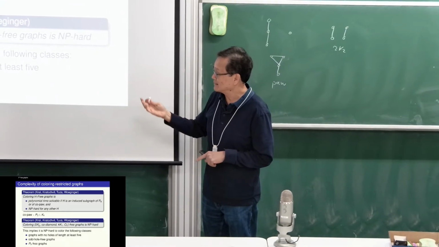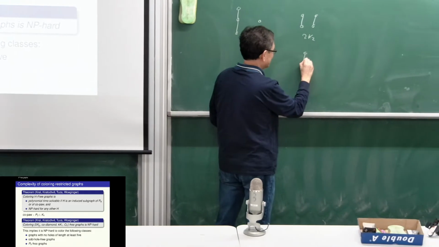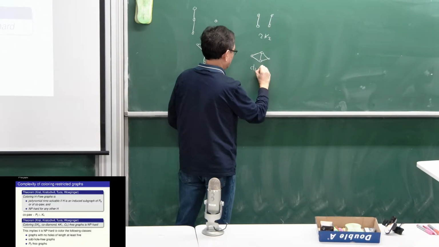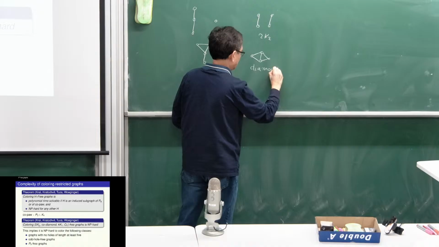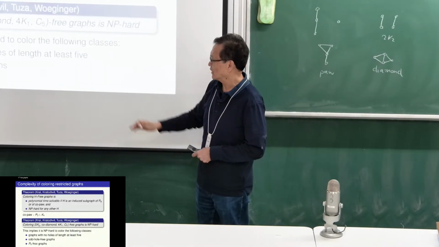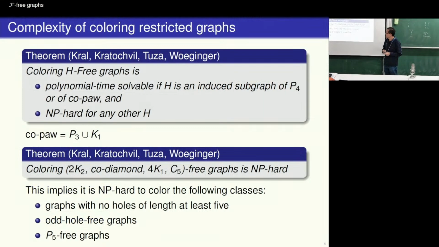A codiamond is the complement of a diamond, so a diamond is this graph. A 4K1 is just 4 independent vertices, and C5 is the cycle on 5 vertices, as before.